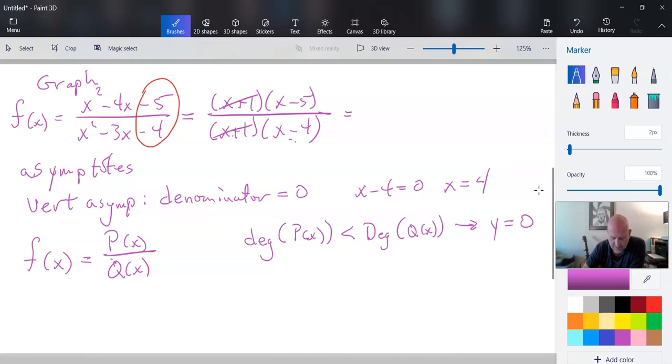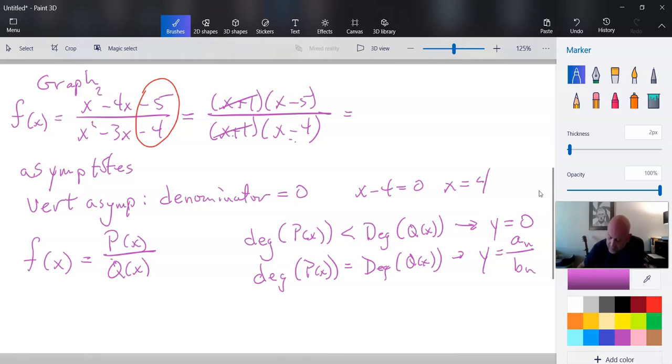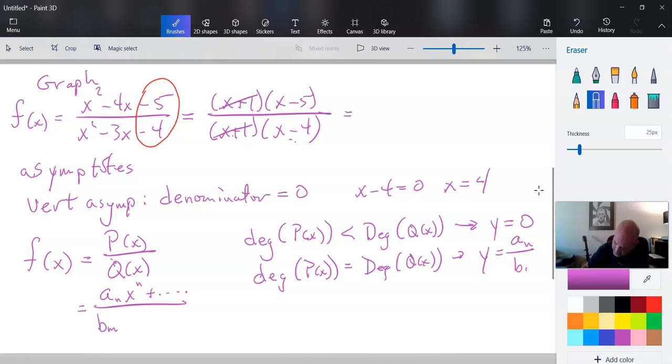What's happening here is these two are the same degree. So if the degree of p of x is equal to the degree of q of x, then the asymptote is at y equals a_n over b_m, where these polynomials can be written a_n x to the n plus dot dot dot over b_m x to the m plus dot dot dot.